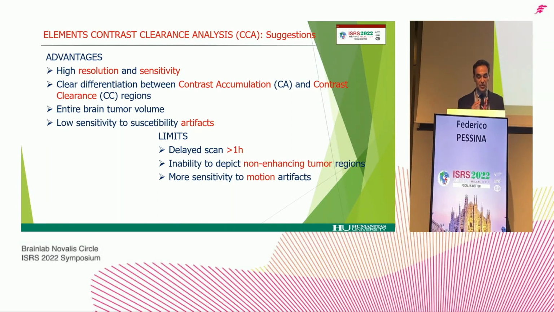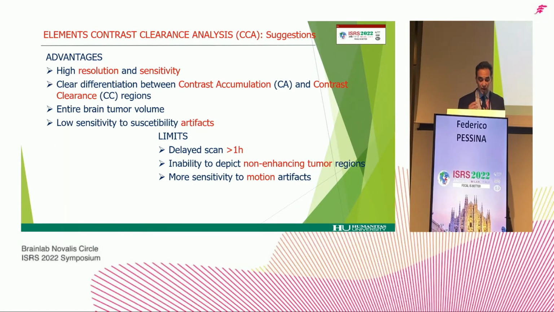So, which are the advantages of this technique? High resolution and sensitivity, a clear differentiation between contrast accumulation and contrast clearance regions, so it's a direct impact of the red on the blue and vice versa.